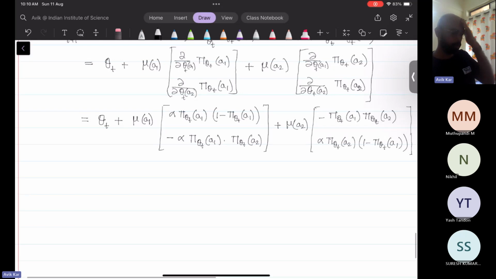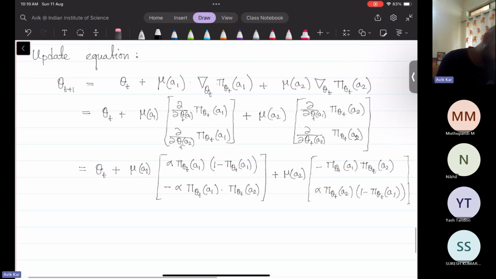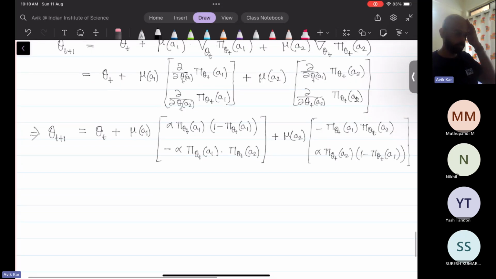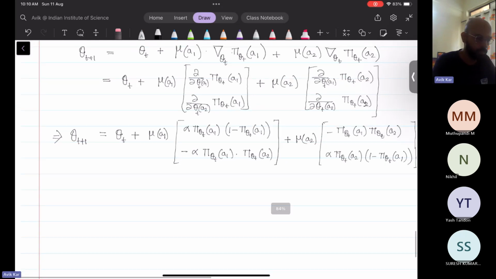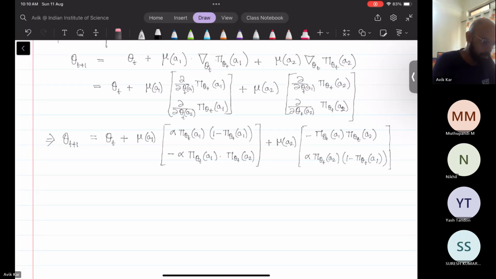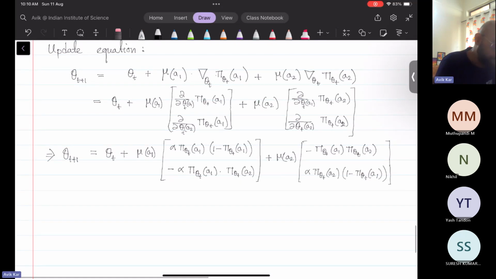Okay, so now we have the full update field. So let us write theta t plus 1 equals theta t plus some vector. Now the thing is, you do not have these two things.